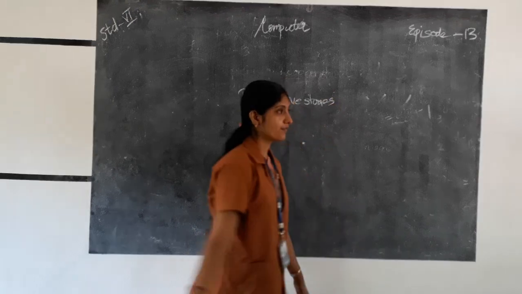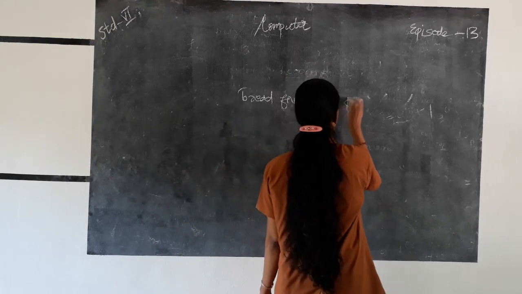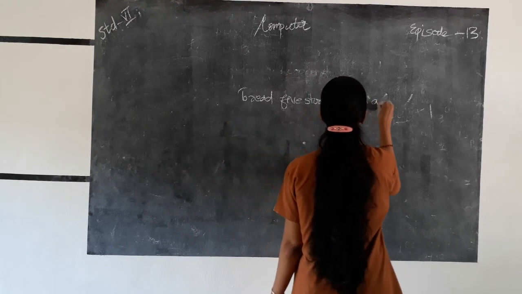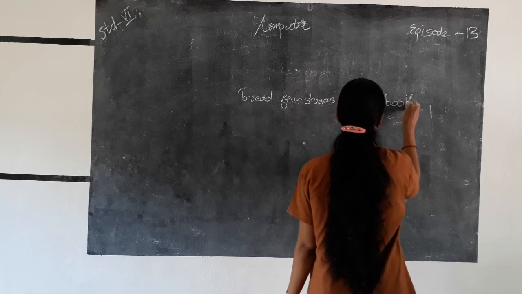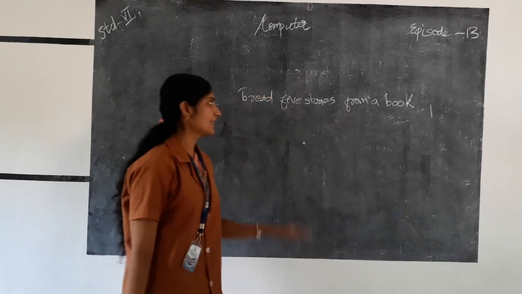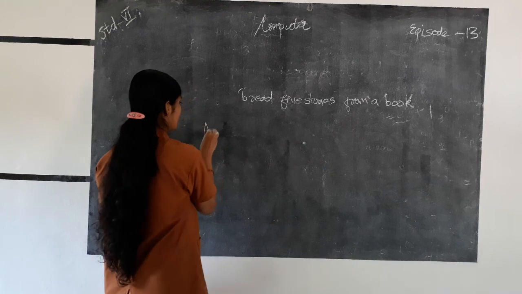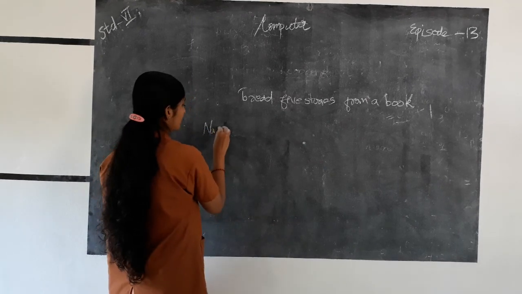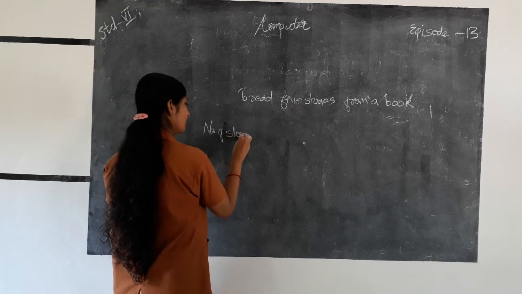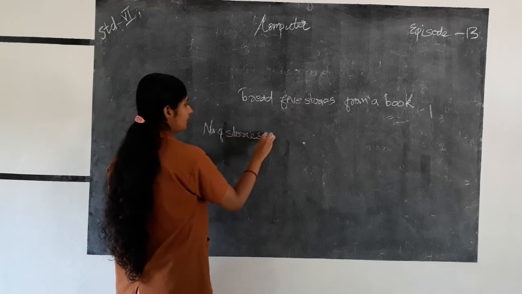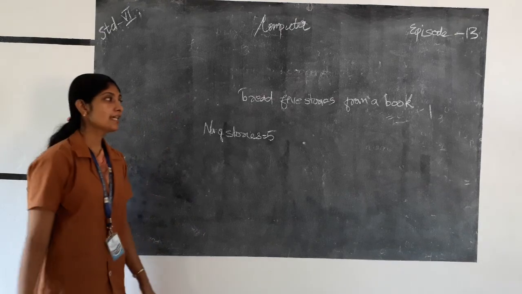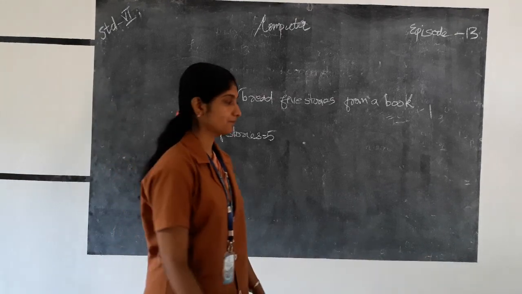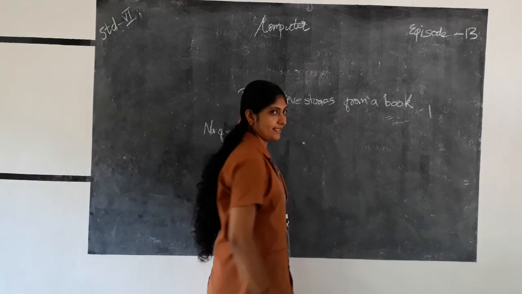So let's write a flow chart. Here the number of stories is equal to 5. Okay. And here, let's start an algorithm.